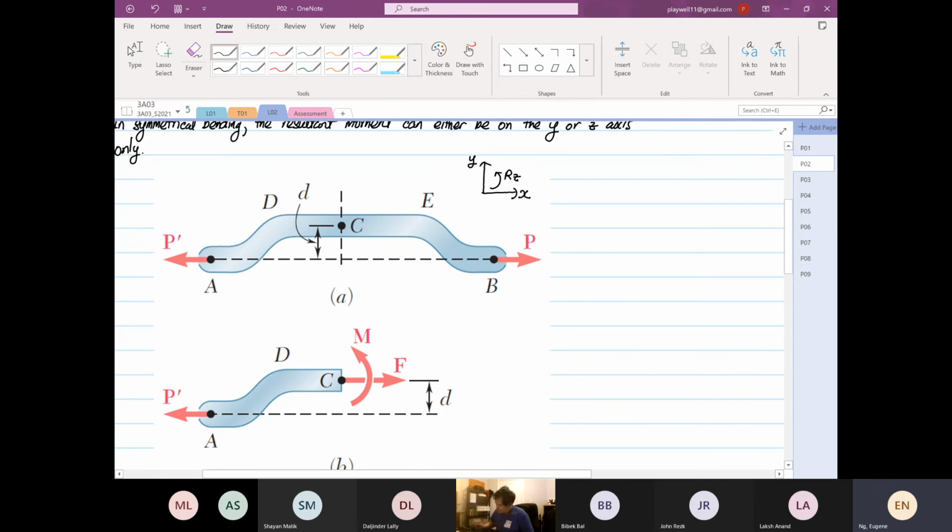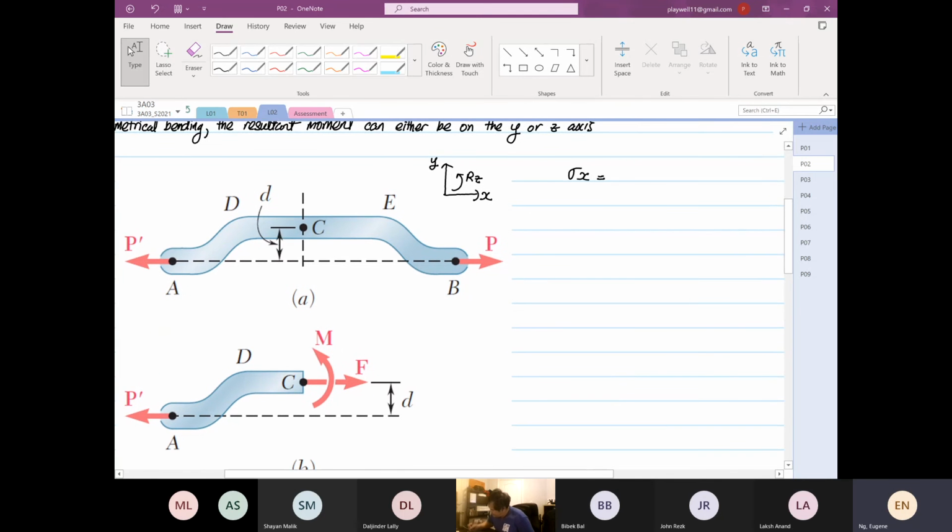So from here the formula to use is stress x is equal to P over A, or I'll write that this is equal to Px over A, minus Mz over Izz multiplied by y.